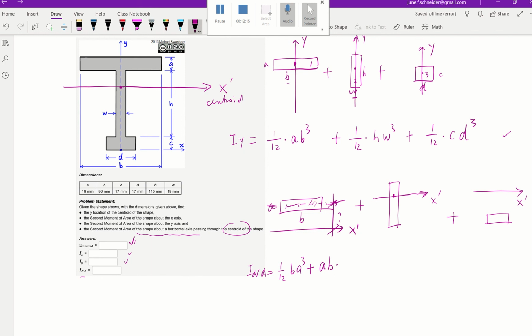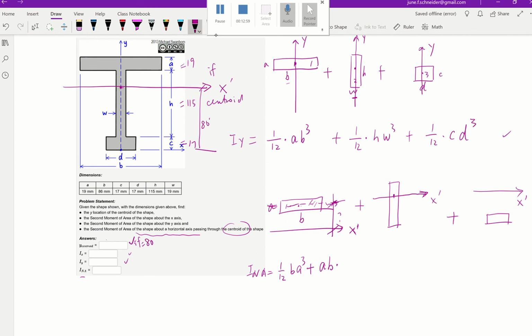So imagine if you figured out x prime to be a value, right? Let's just put some number there. Imagine this y centroid you calculate right here. Let's see, C is 17, I'm putting my numbers in, and my H is 115, and my A is 19, okay? And if we happen to calculate this to be 80, so that's from right here to here, that's 80.